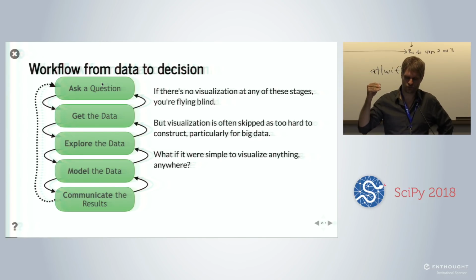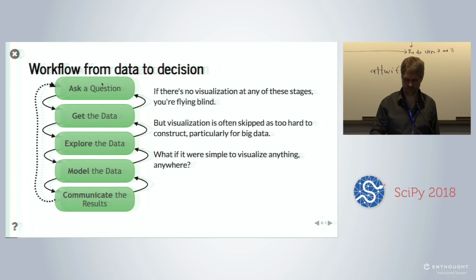And we're focusing on the idea that you have some sort of data, and eventually you need something to happen. You have some data that's relevant to you in some way. Maybe you started with a question, maybe you started with the data. So maybe these first 2 bullet points could be flipped here. Maybe it's interesting data and that prompts a question, or maybe you have a question and you get data. Either way, we're going to focus on exploring the data, and that's a highly visual thing if you do it the way we're recommending.